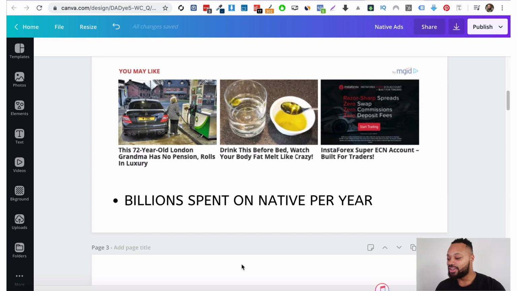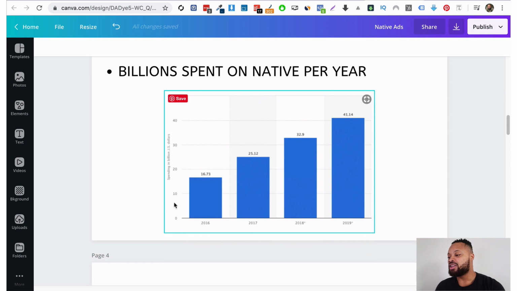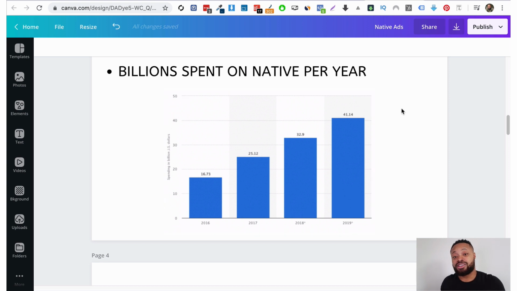As you can see here, this is the spend in billions on native ads. Last year, I think it was 41 billion spent on native in 2019, I believe. If I'm wrong with that data, drop a comment below saying, Rich, you are real dumb.